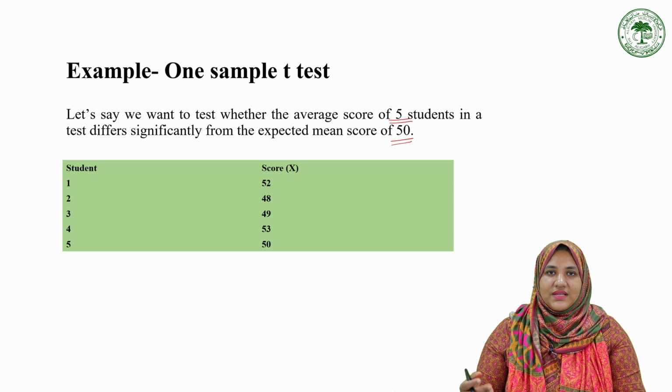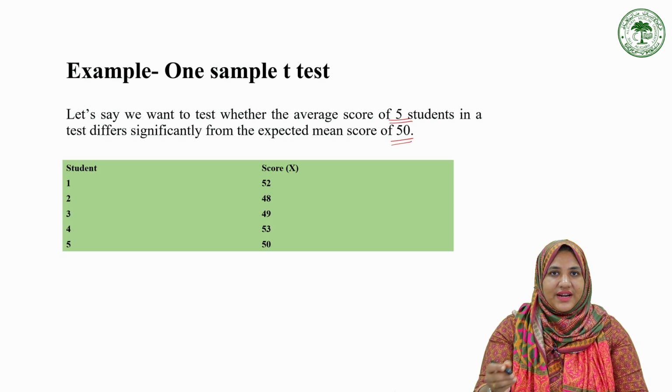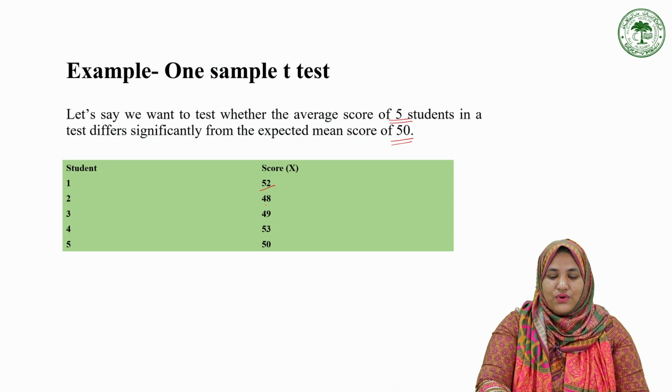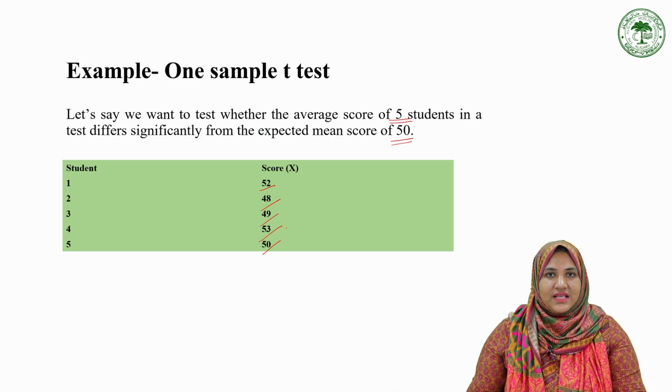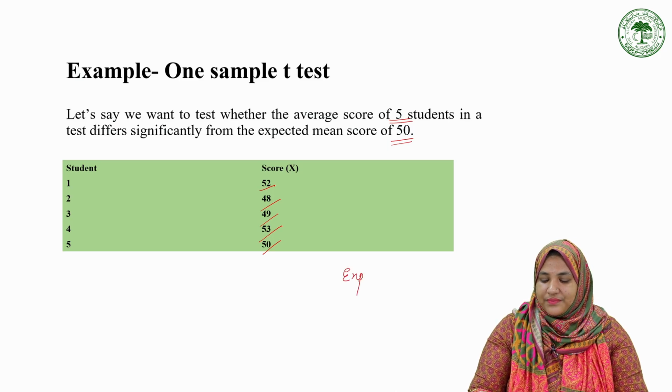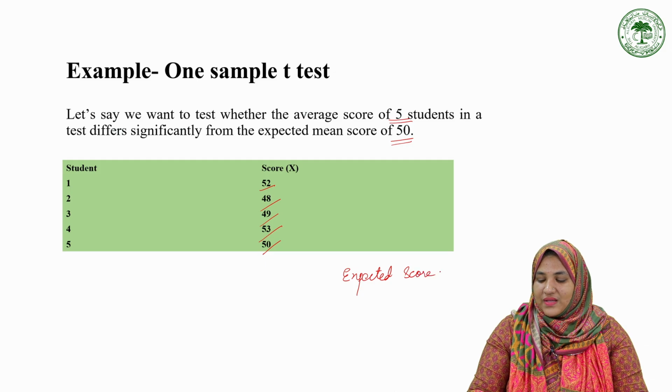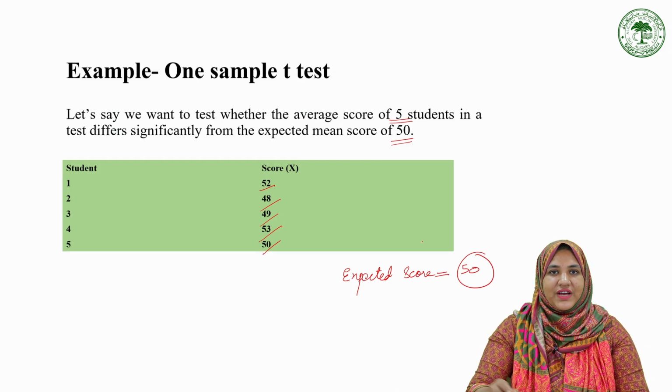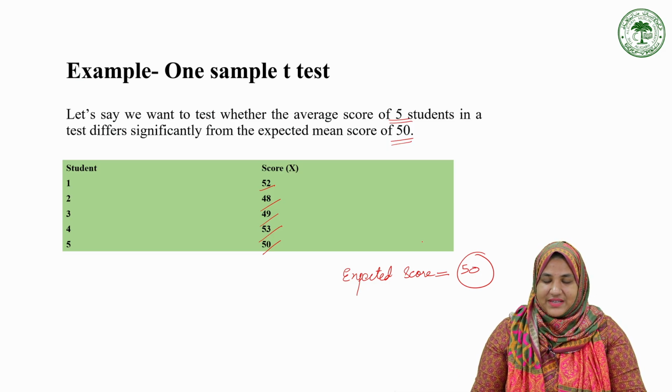For example, the scores of the students, denoted as X, are 52, 48, 49, 53 and 50. These are the scores of the students. And our expected score is equal to 50. Okay, we are trying to find out the significant difference.